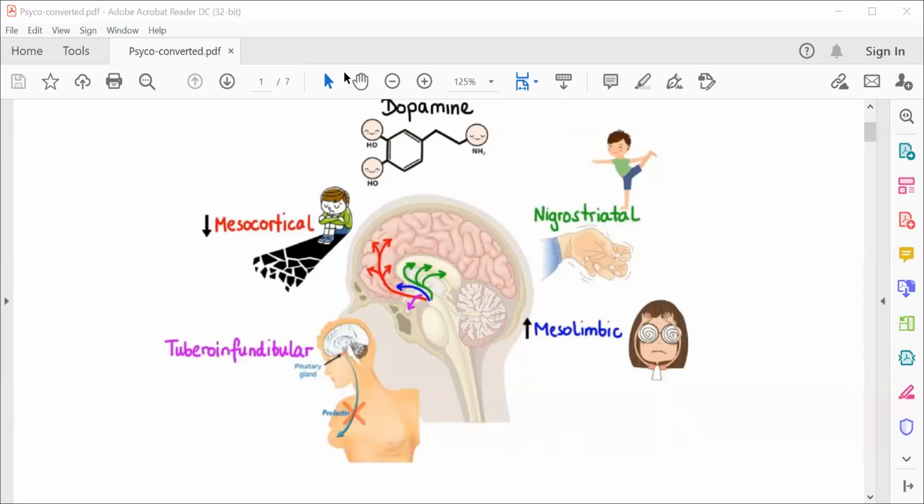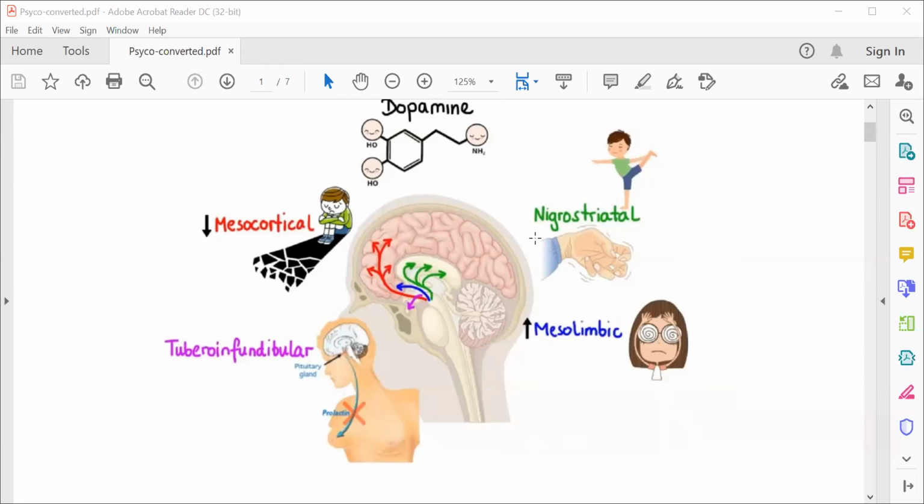There is an increase in the dopamine. Exactly, thank you. Increase in dopamine, and we have to be specific: in the mesolimbic pathway. Because if, for example, the increase in dopamine was in the mesocortical, it will not lead to the positive symptoms.